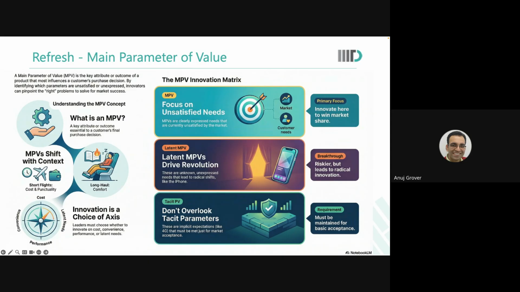Now, I'm talking about products in the market. If you are a circuit designer, you will say every circuit satisfies this need. If we are in an entrepreneurship course, I'm talking of it in terms of an entrepreneurship thing. But don't limit it to only products. It is applicable everywhere. In the morning class that I had, the memory design class, these MPVs will be the figures of merit that we were talking about.